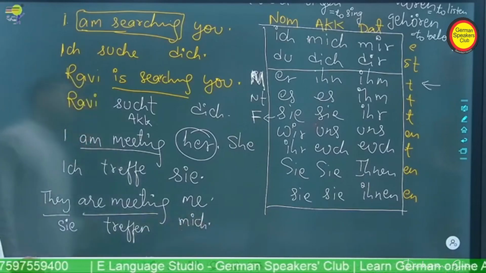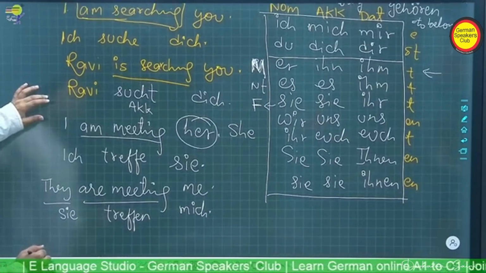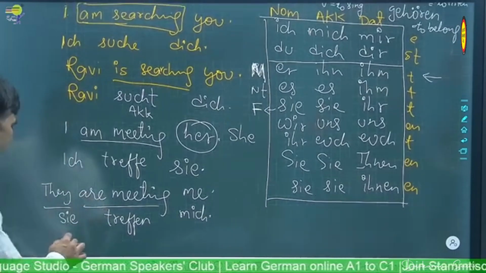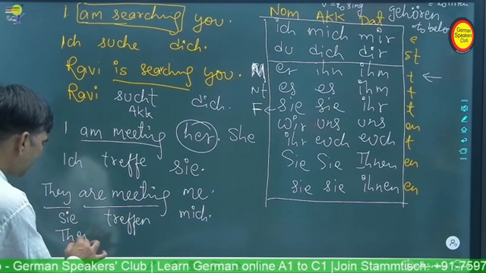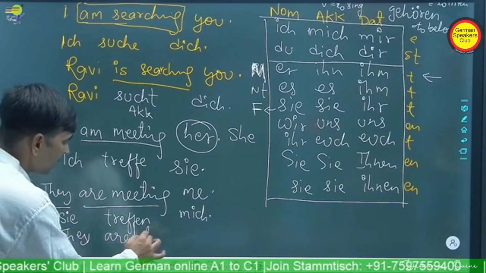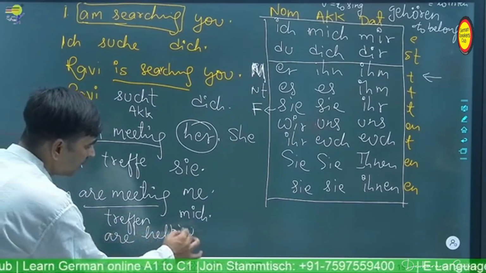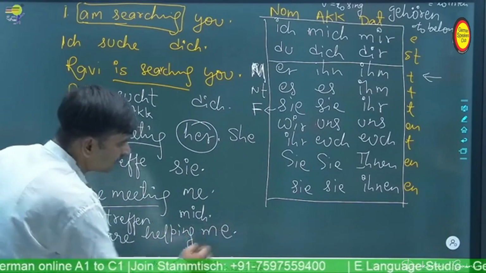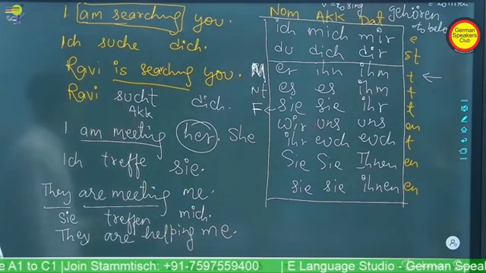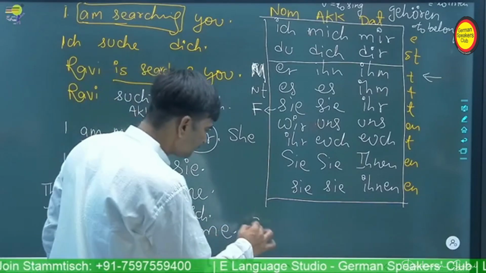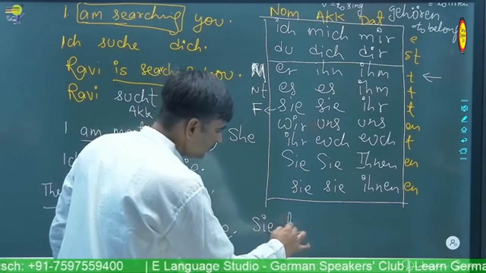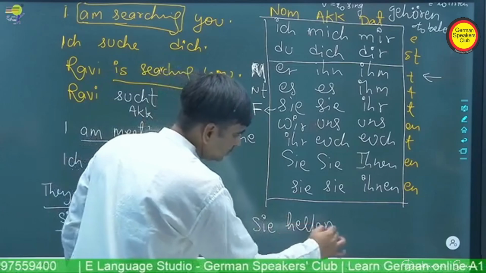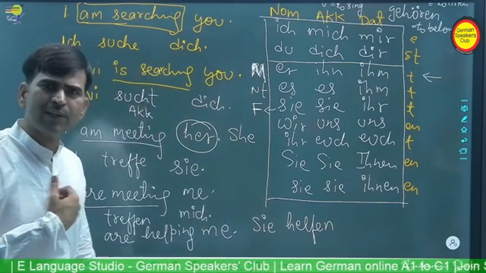If I have to say, they are meeting me, how do you do that? It will be "sie". Our meeting will be treffen mich.